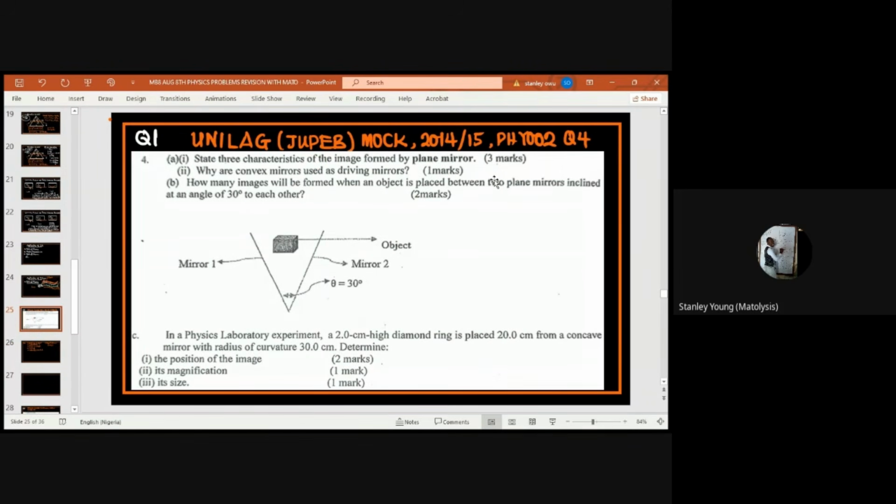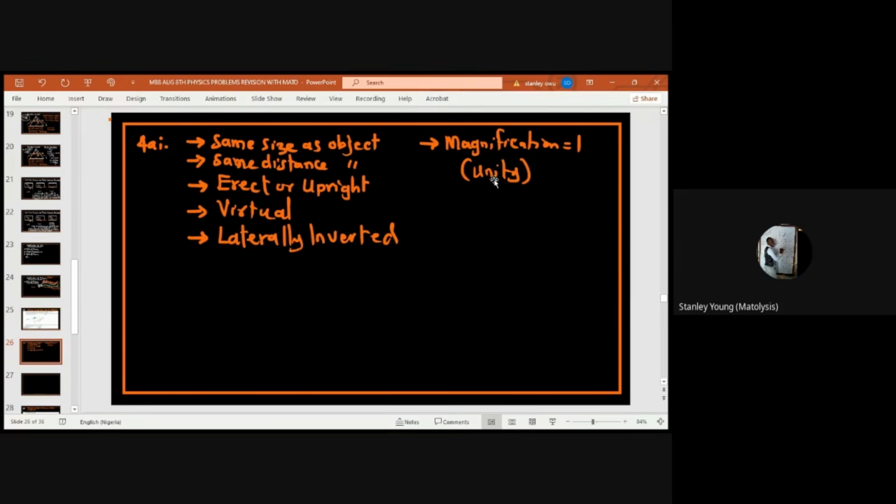It says, why are convex mirrors used as driving mirrors? Okay, we have convex mirror as driving mirror.